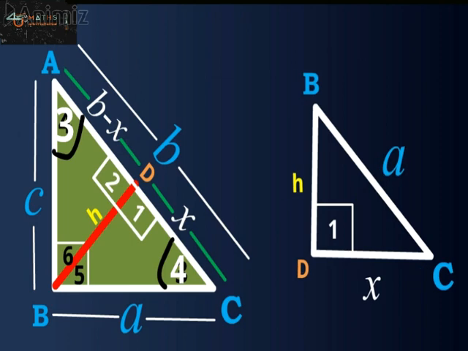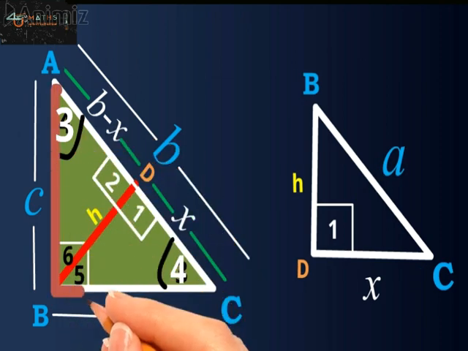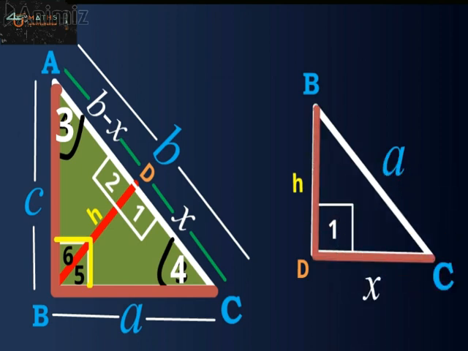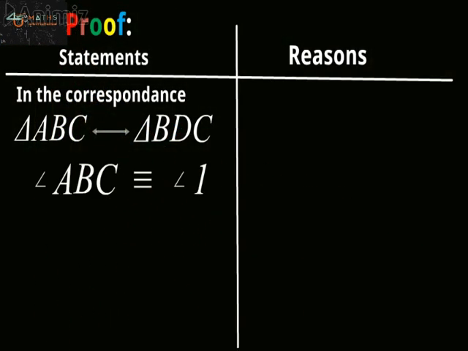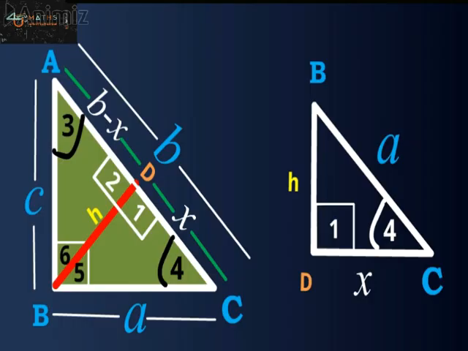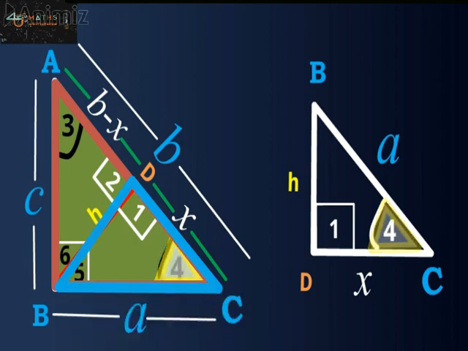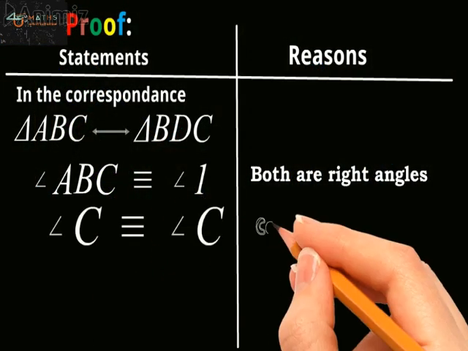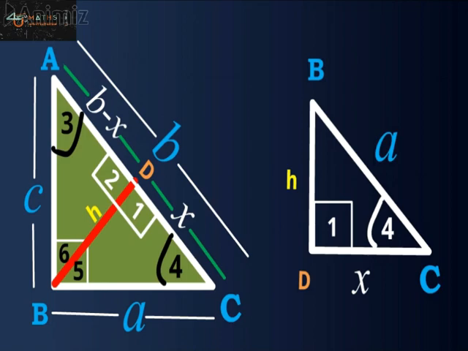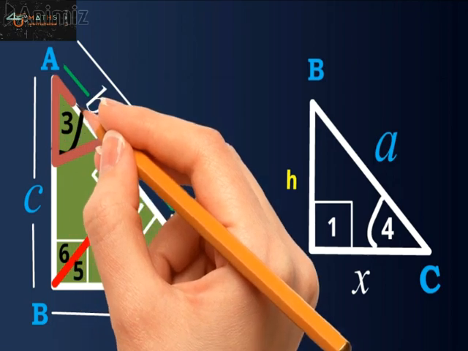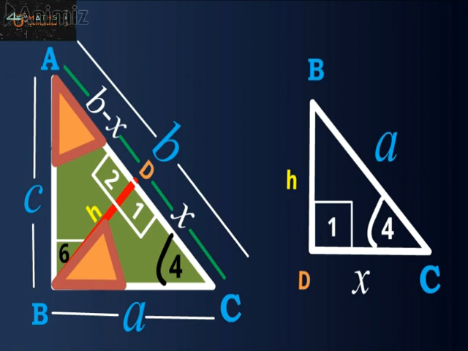In both triangles, we see that angle ABC and angle 1 are congruent because they are right angles. Angle C is congruent to angle C because they are self-congruent, or common in both the triangles. Also, angle 3 is congruent to angle 5.